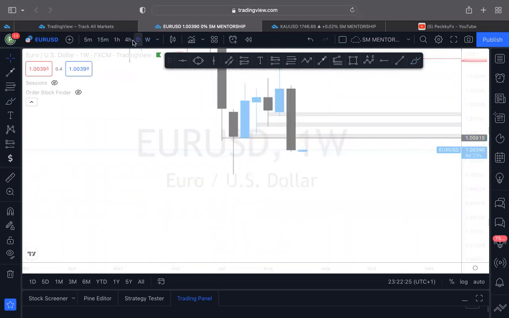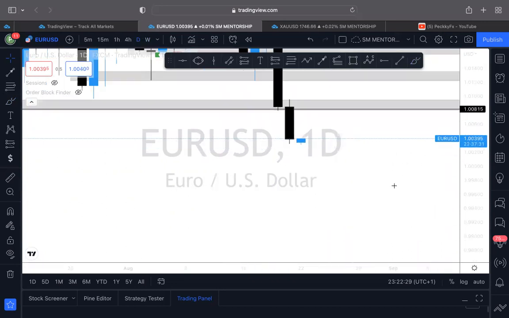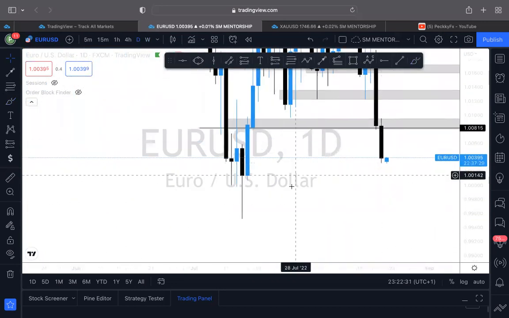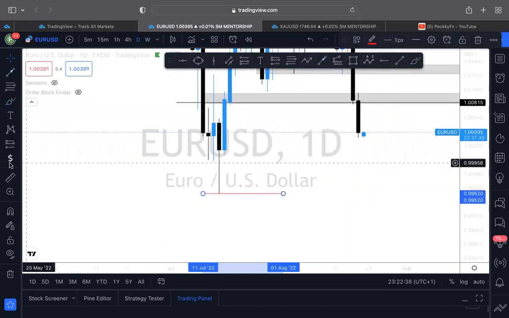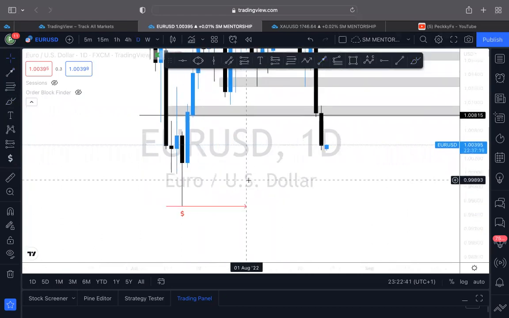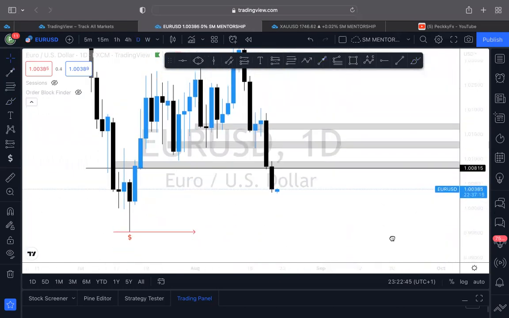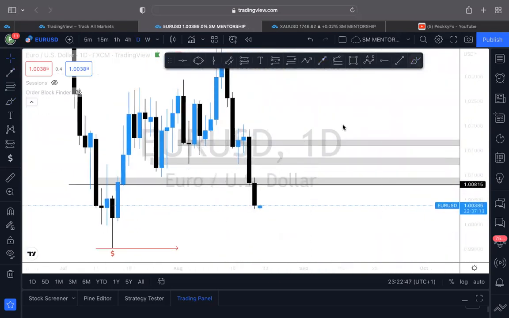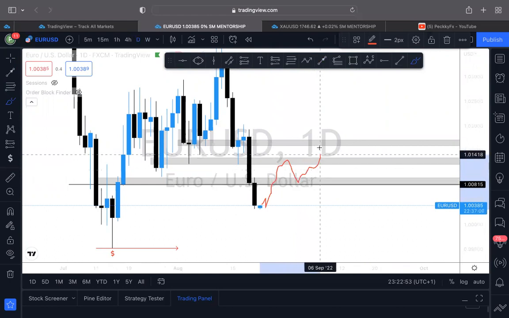Go to my daily time frame. The daily time frame is right here. So we can still see the market running down to take out these particular lows right here, but not so immediately. We can see the weekly can still come back, retest this point a little bit, and push up.